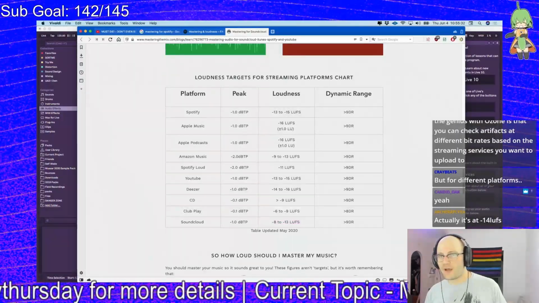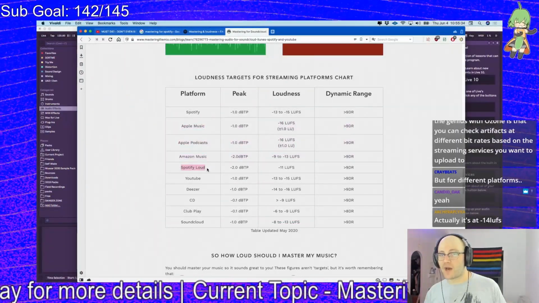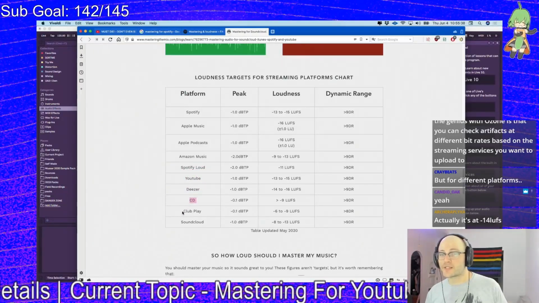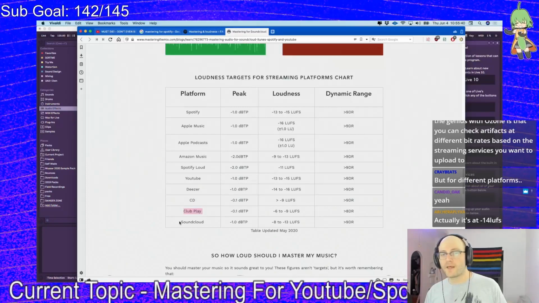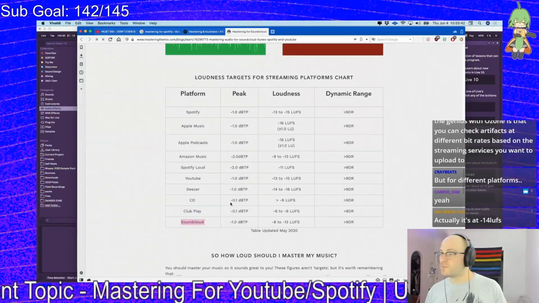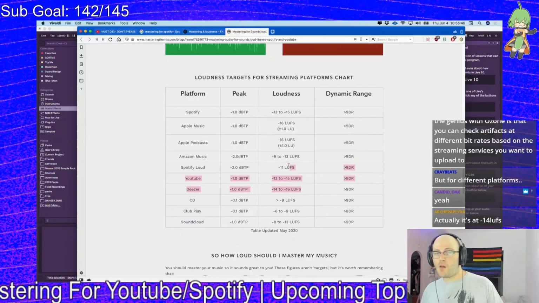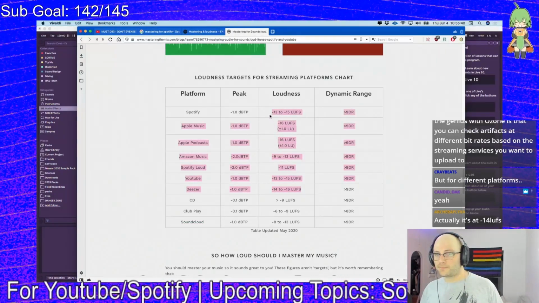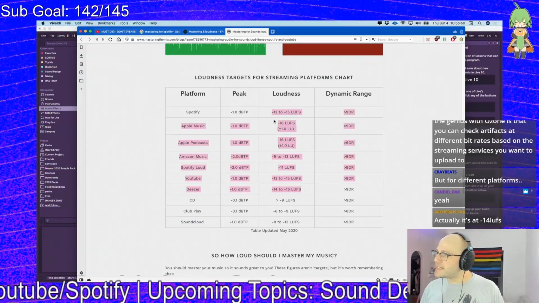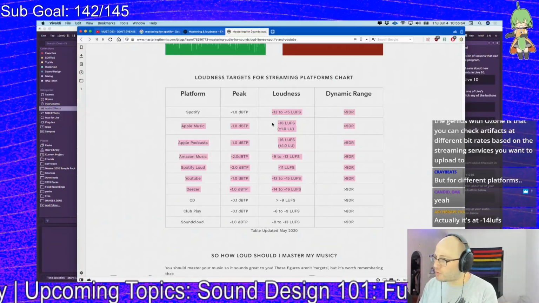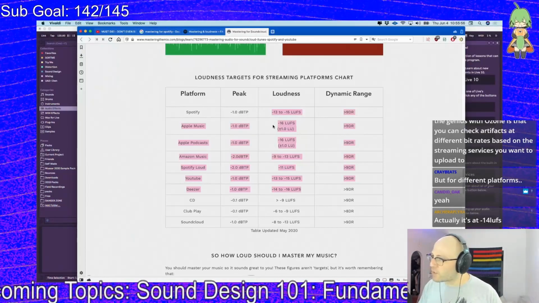For Spotify, various Apple services, Spotify's Loud algorithm, YouTube, Deezer, CD printings, Club Play, SoundCloud. Now, if you notice, for all of these down here, they generally exist close to that range of minus 14.